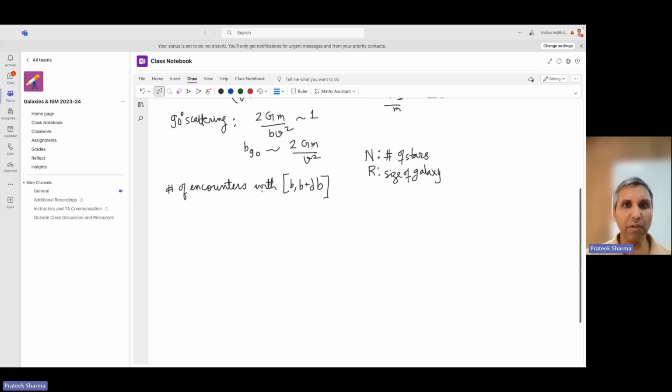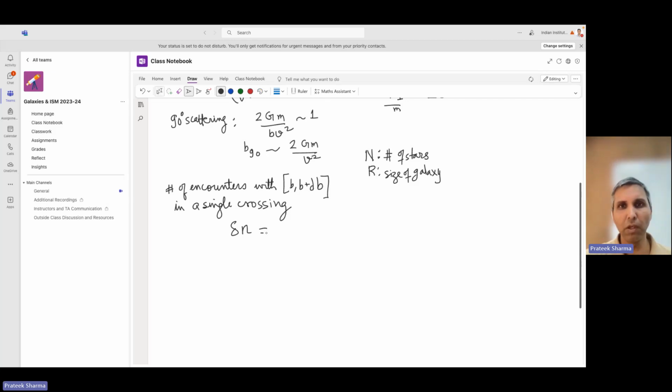So the number of encounters with impact parameter B to B plus dB in a single crossing, where single crossing means you are covering a distance of 2r, the diameter. So this delta n is the number of encounters in a single crossing across the galaxy.